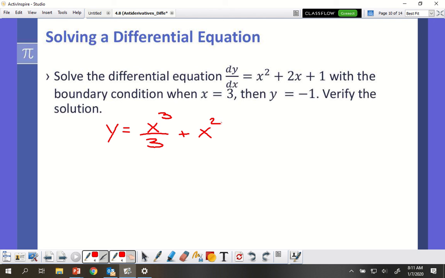And then I have that plus 1, which gives me plus x, and then plus C. This is commonly referred to as my general solution. Now, to find the particular solution, I plug in my x and my y. If I plug in my x and my y, what's the only variable left? C.